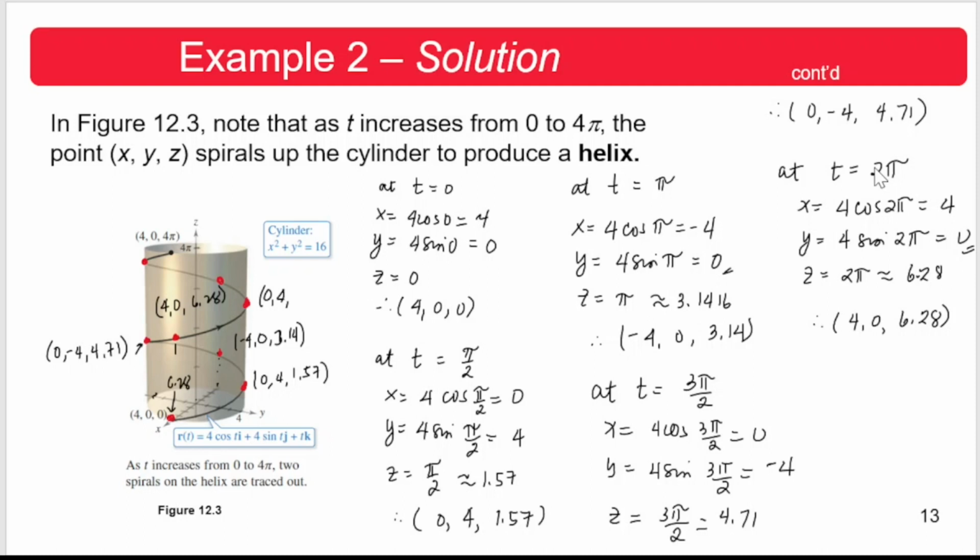So what is 5 pi over 2? Using your calculator, this is 7.85. So this is 0, 4, and then 7.85 for the z-coordinate. So you do the same procedure or steps to find the coordinate of this point, and the other points up to 4 pi.